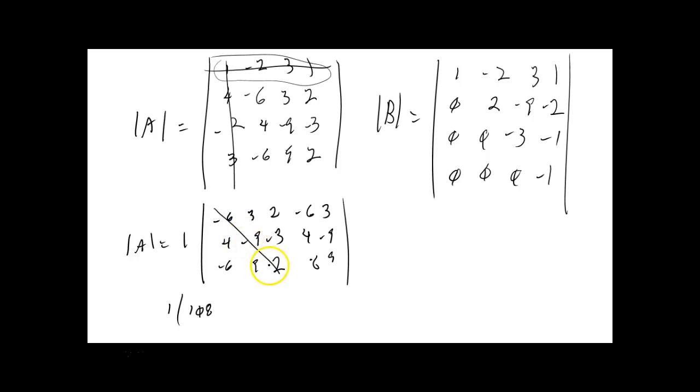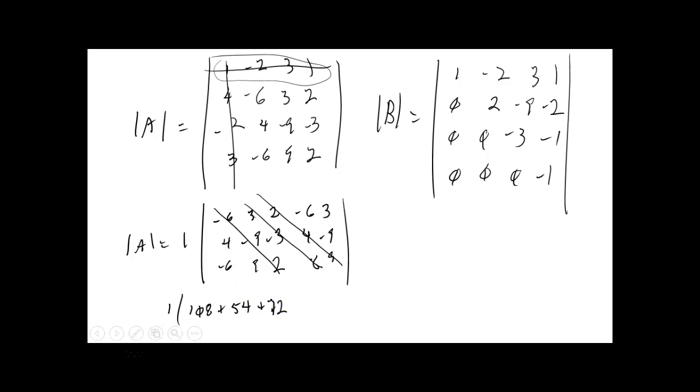54 times 2 is 108. Then do the next diagonal, and that's going to be positive, and you got 9 times 6 is 54. Then the next diagonal is also positive. That's 8 times 9 is plus 72.